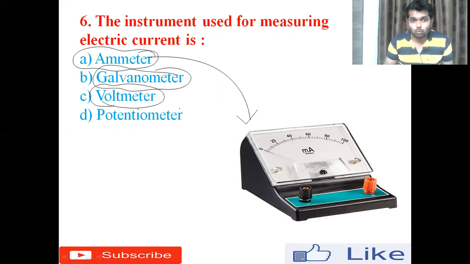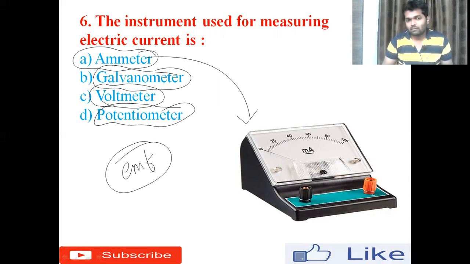Option D, potentiometer. Potentiometer is one of the most important instruments basically used to find out the EMF, electromotive force, of the given cell. Or it is used to find out the internal resistance of the given cell.